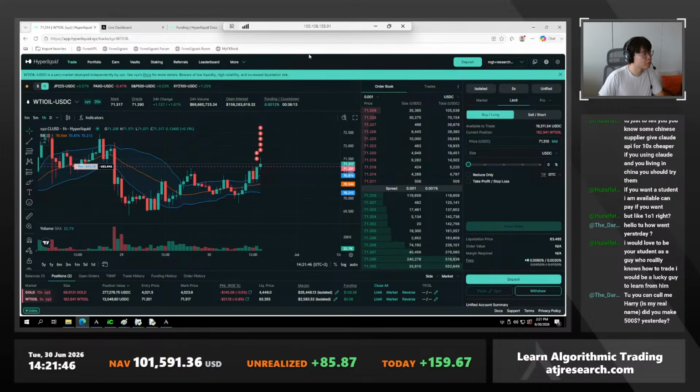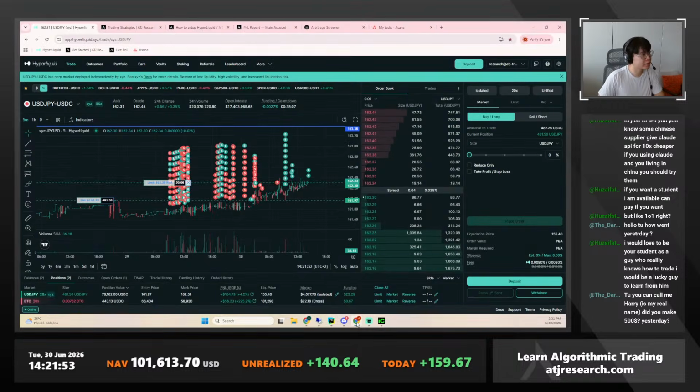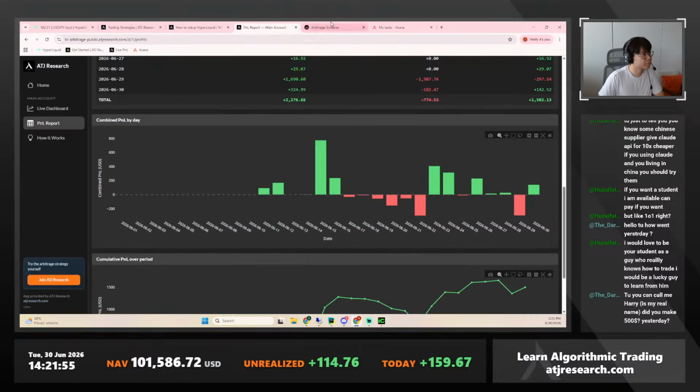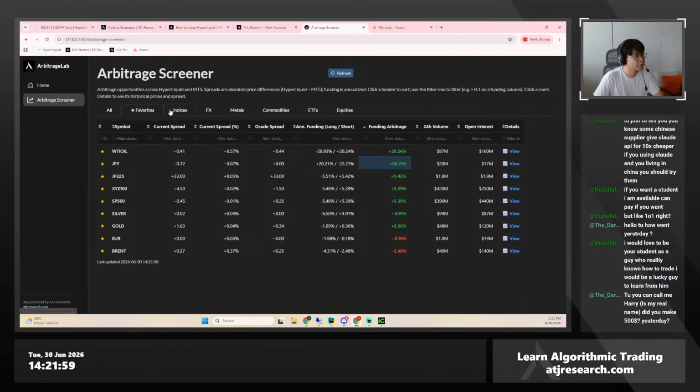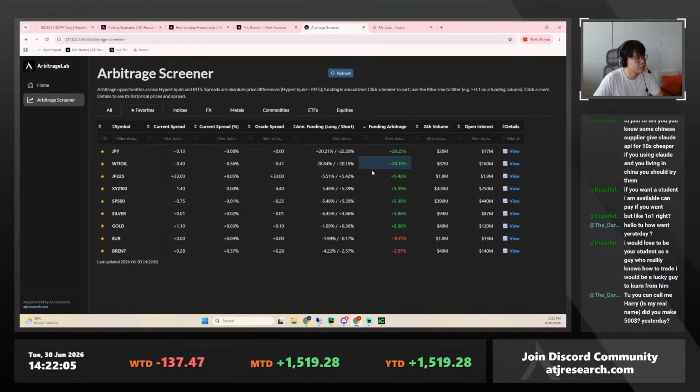Okay, it looks like we don't have such a strong signal on crude oil right now. So let's go back to my favorite. Here the funding rate arbitrage is 20% if we short it.